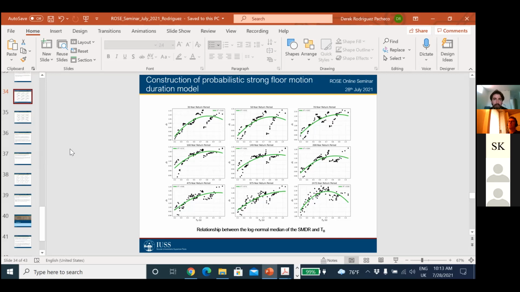Yeah. So another possibility of research is looking into the lengthening of the period for these high hazard levels. Sure. In my opinion, what is happening is that for the higher hazard levels, because we have this lengthening of the period due to inelastic action, I would expect the strong motion duration to become higher because of this.